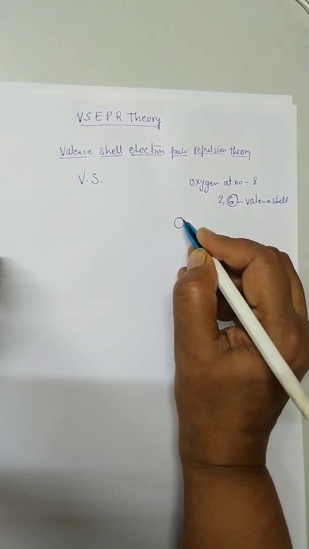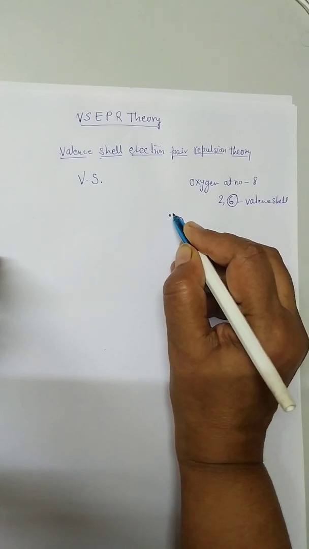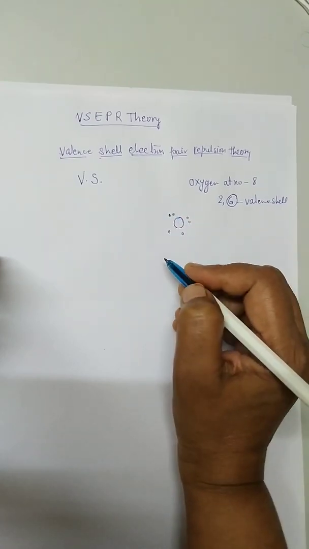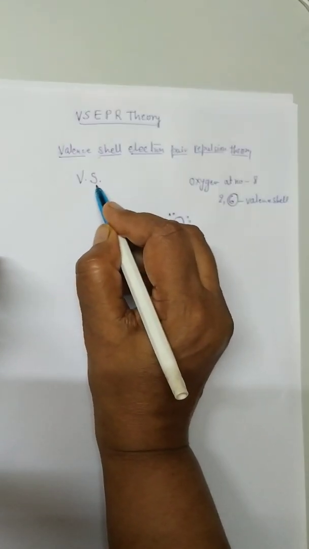Oxygen I can write like O with the 6 valence electrons. This is the valence shell.